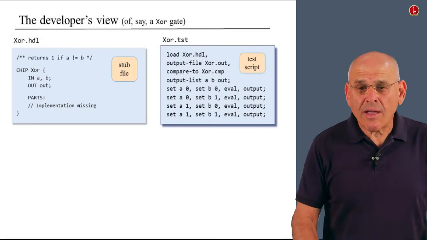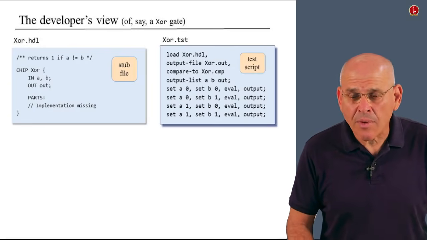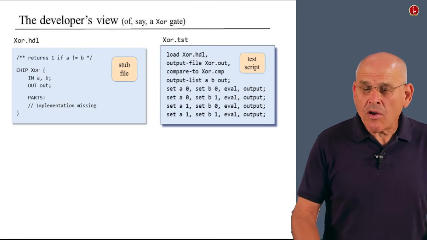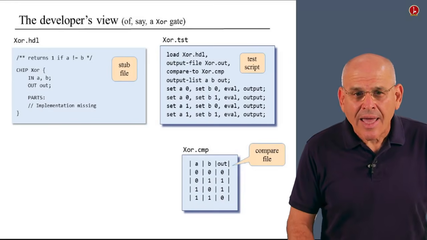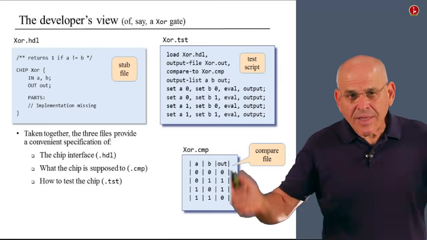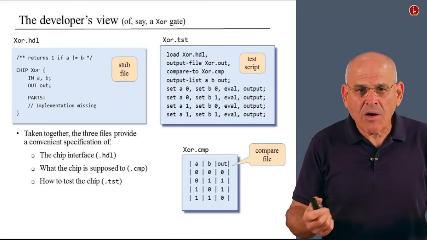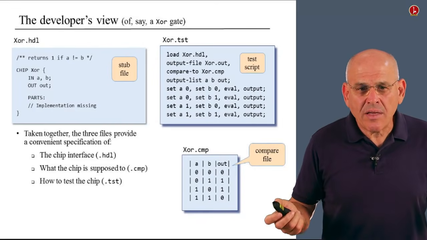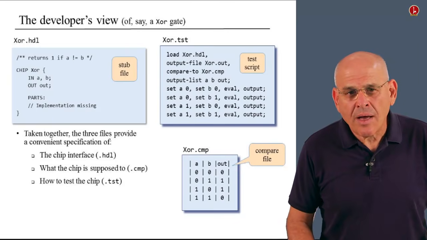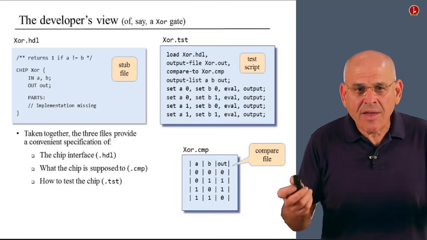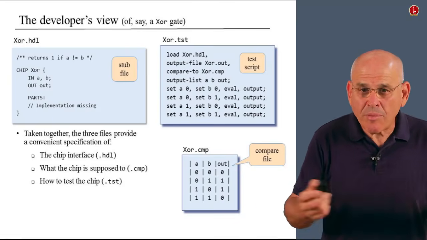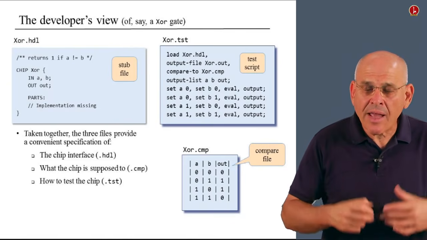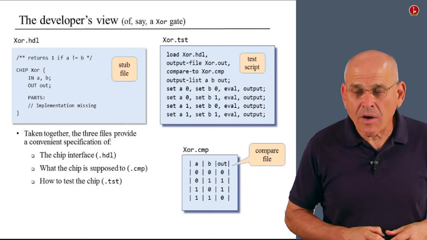You're also going to get a test script that we have written for you. You're going to get a compare file, and taken together, you've got everything that you need in order to understand the interface and what the chip is supposed to do, and we also tell you how we are going to test it.